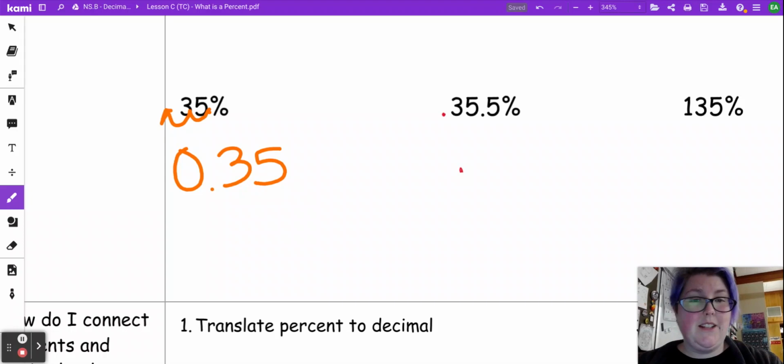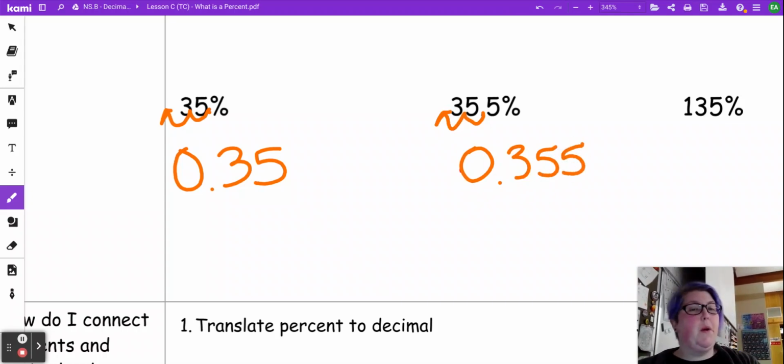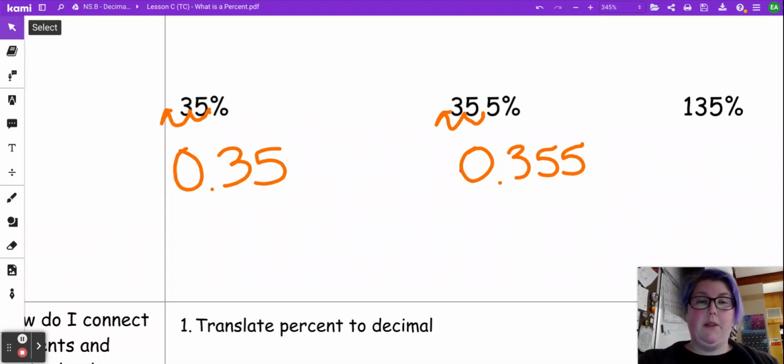Now on our second example over here, there's already a decimal, so we can skip step number 1. We are just going to move 2 places and then rewrite this with all of the numbers. We're not going to drop any numbers. So this becomes 0.355. We have taken all of the numbers and we've kept them.